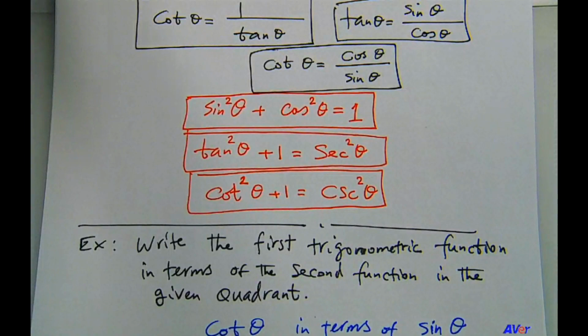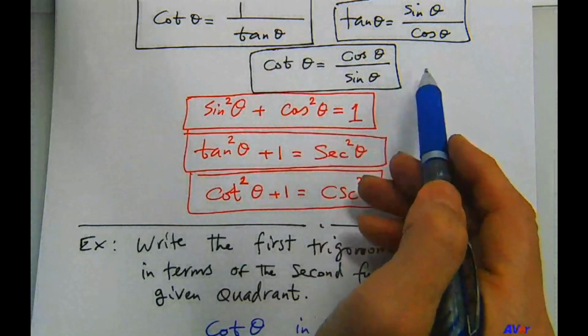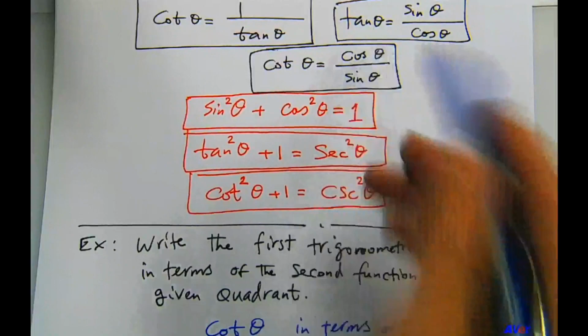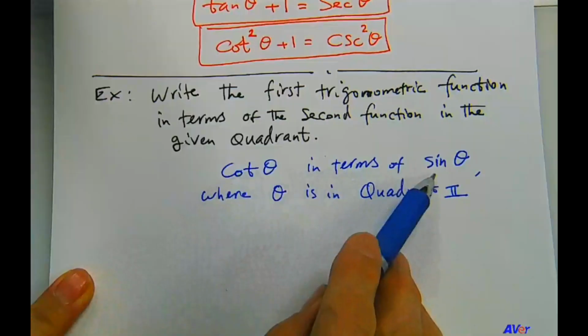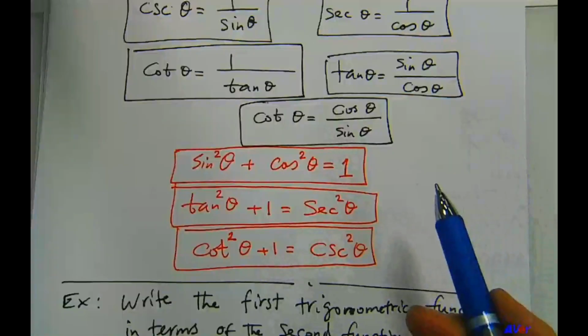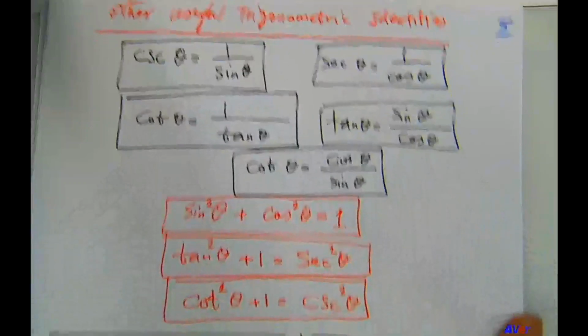Can you? No, we can't. Why? There is cotangent, there is sine, but there is cosine as well. We don't want cosine. We are asked to write cotangent in terms of only sine, not cosine. So that's why we are not able to use that one. Well, you look at the other ones, there is no cotangent anywhere.